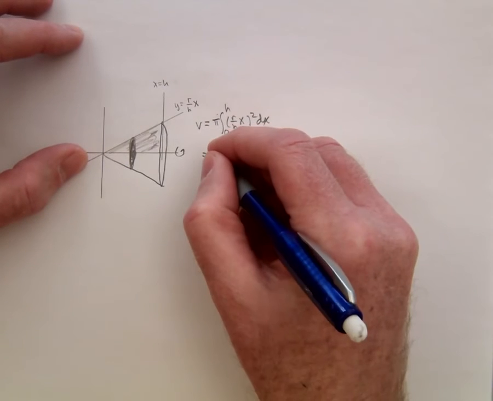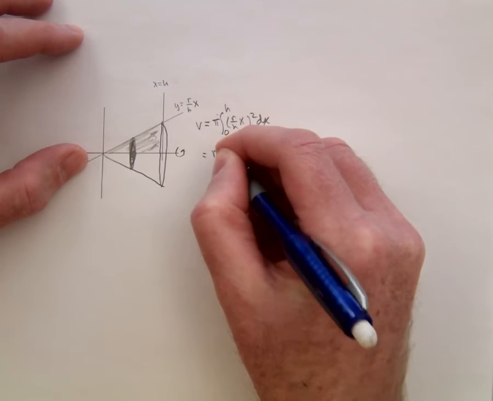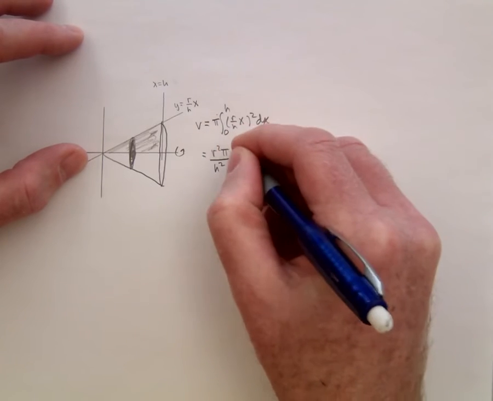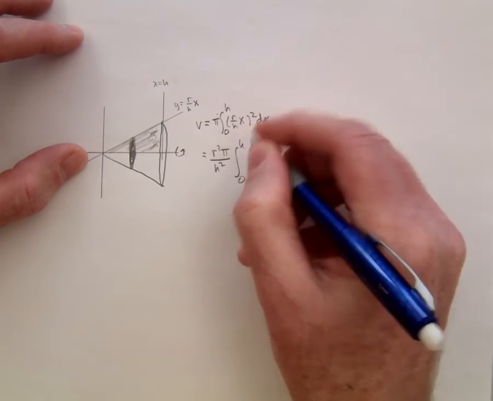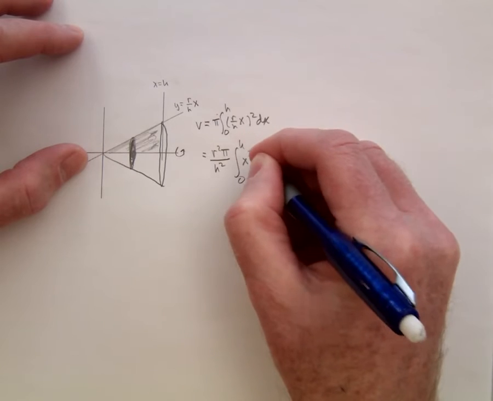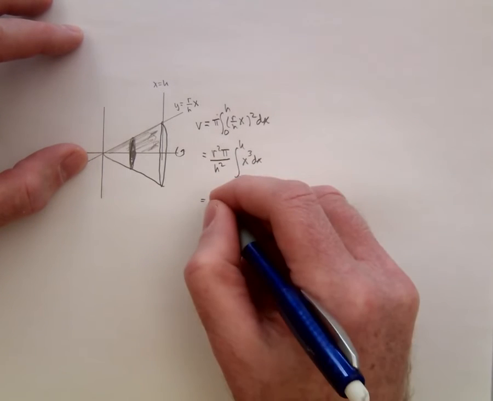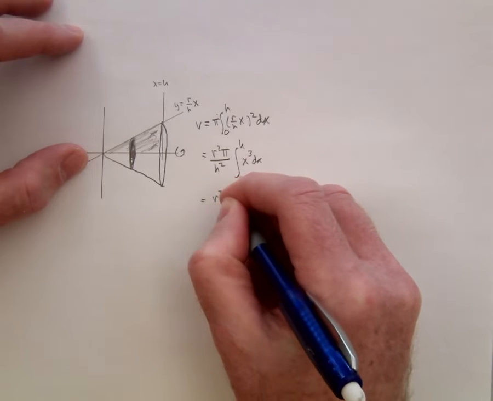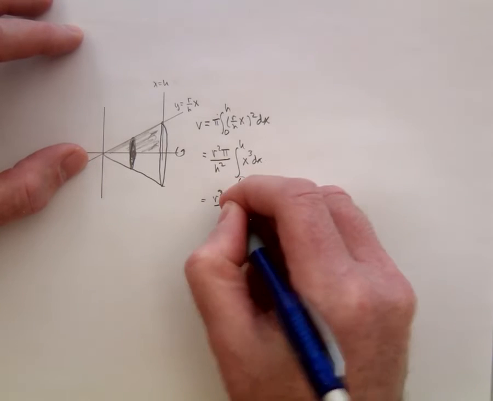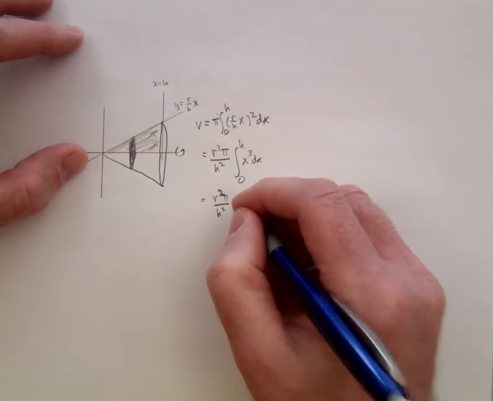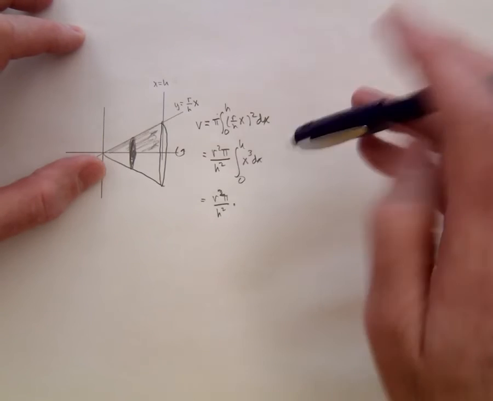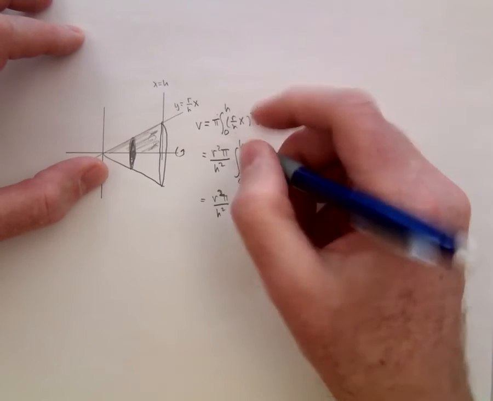So I've got r squared pi over h squared integral 0 to h x squared dx. That's still the r squared pi over h squared. That was a mistake earlier; this is x squared until I integrate it.